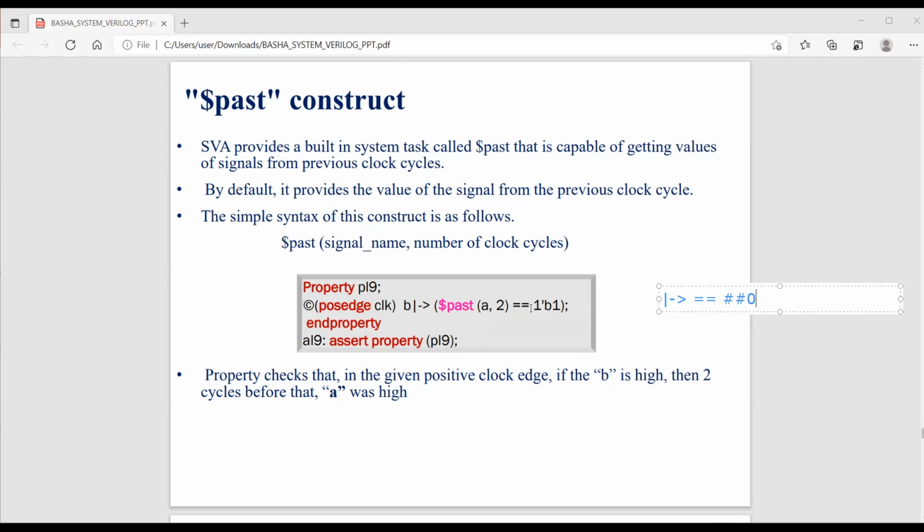Even if you're not giving equal to 1, if you're giving $past of A, it means A is high 2 clock cycles before. You want to check whether A is high or not. If A is high 2 clock cycles before, then the property will pass. If A is not high, then the property will fail. In this way you can check a signal in the previous clock cycles also.